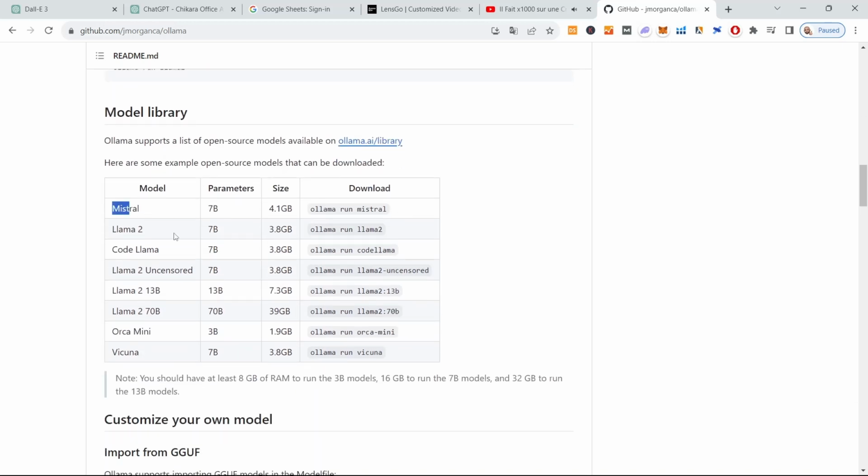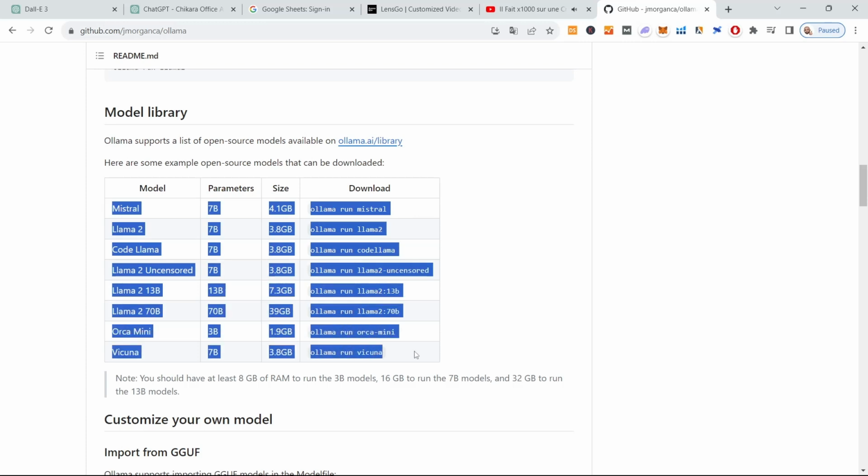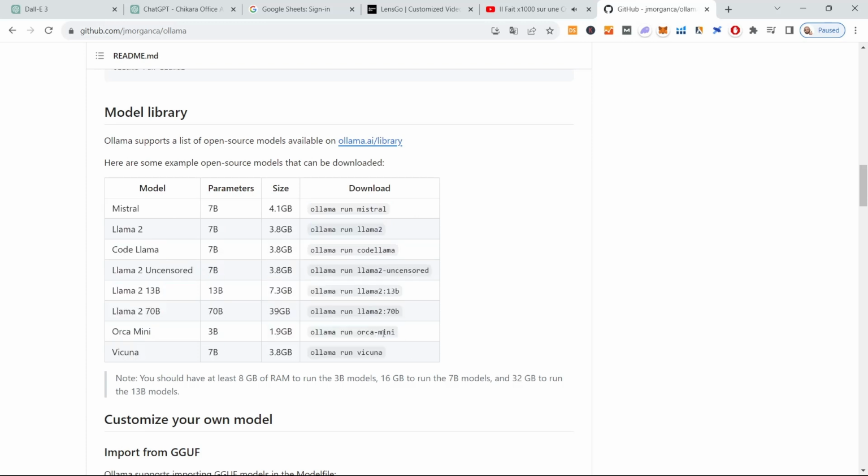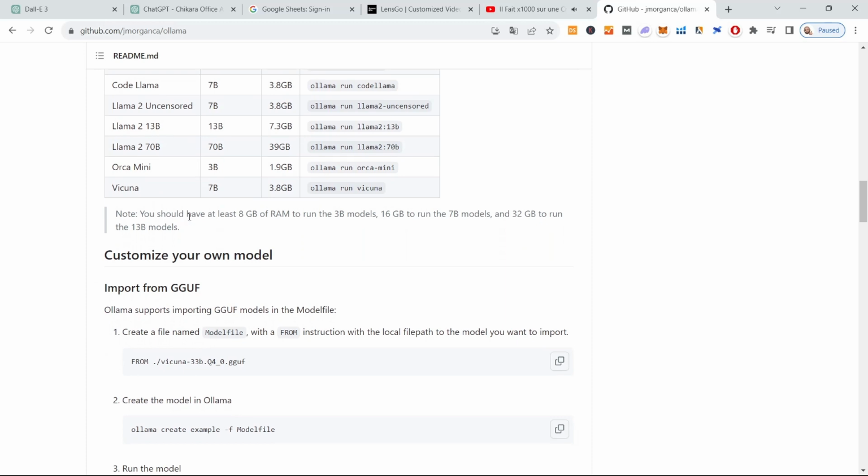All from Hugging Face: Orca Mini, Llama 2 Uncensored. I'm going to use the 7B ones so they can run smoothly on a local computer. Mistral, so different models.